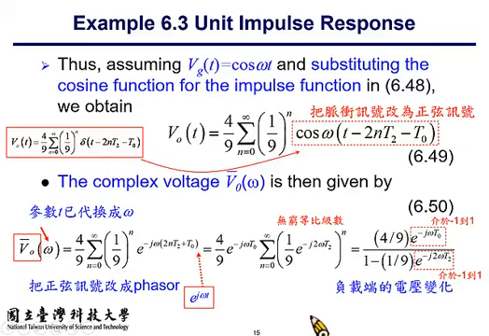So this slide shows that with the phasor representation, the time domain impulse response within the transmission line circuit can be transformed into a frequency domain response, which can be represented using a phasor expression, and it can be used to represent the behavior under a continuous sinusoidal input function.